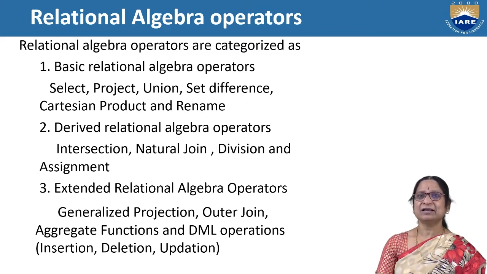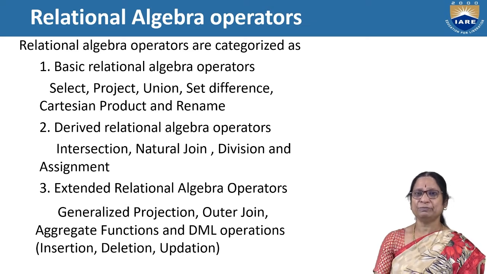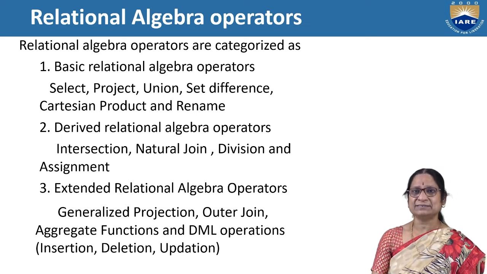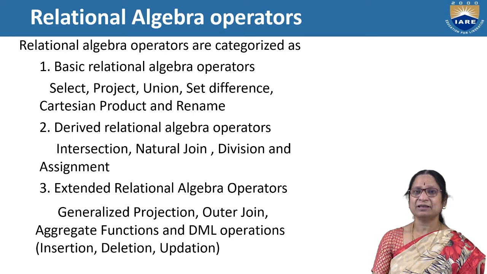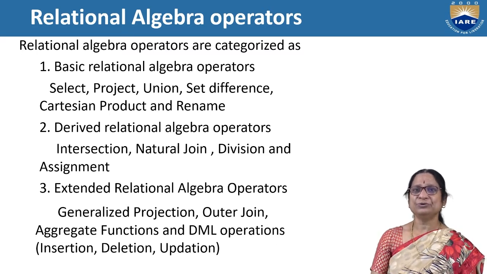So by using these basic operations, to reduce the complexity of the queries, a new set of operators was introduced, which are not independent operators. These are derived from the basic operators. Instead of writing lengthy and complex queries using basic operators, these derived operators are used to reduce the complexity of query processing.